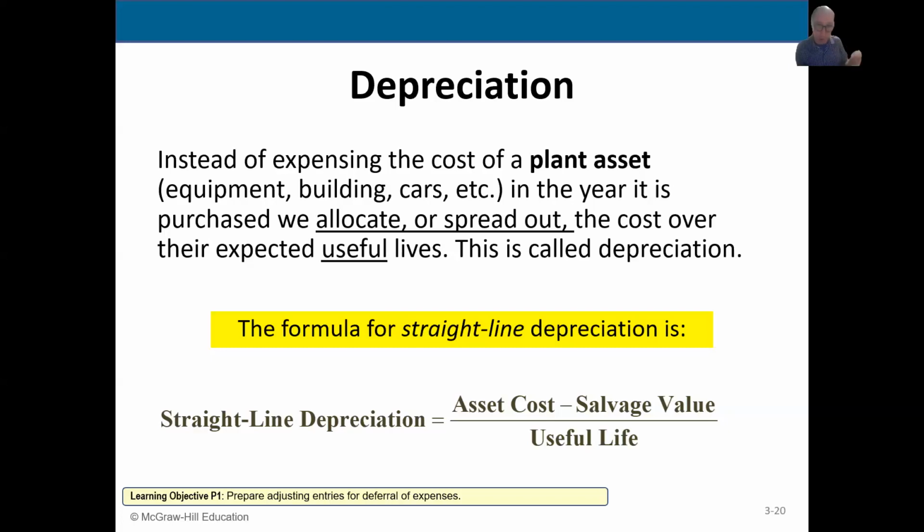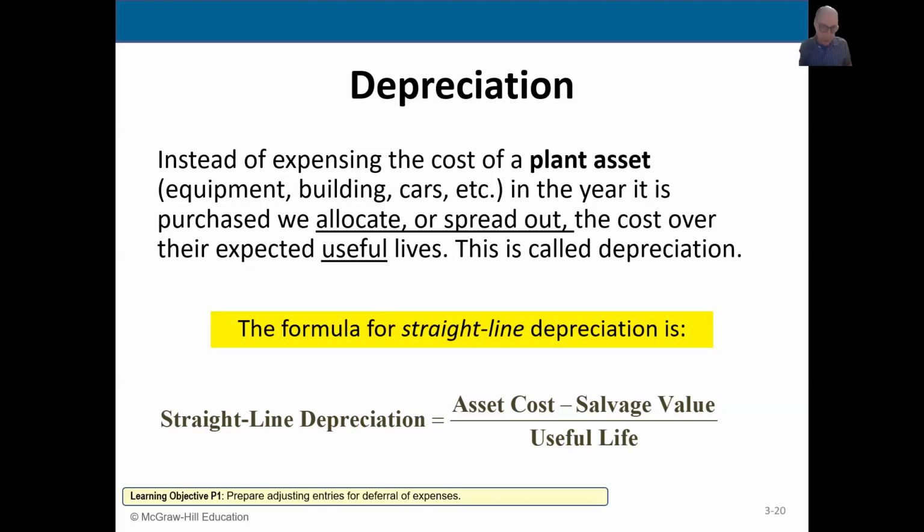It goes down in value. Why? Because you're using the asset. Okay? And as the asset gets used, it loses its usefulness. It's just how it works, right? It's said to be depreciating in value. That's where the term comes from.